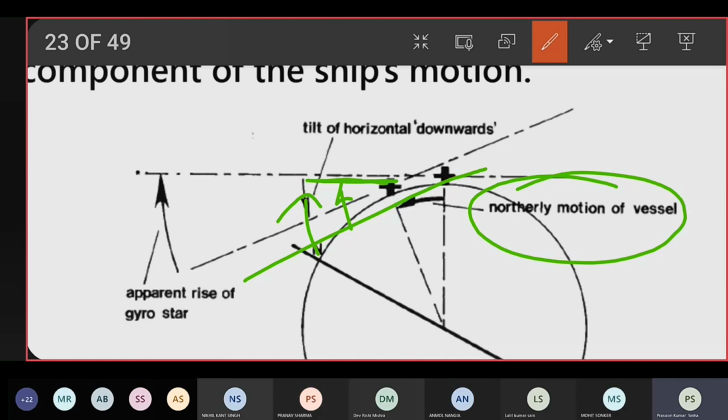So tilting and drifting, which we had seen earlier, which was only due to Earth's motion, can be compounded by the ship's motion also, only when there is southerly or northerly component of the motion of the ship.